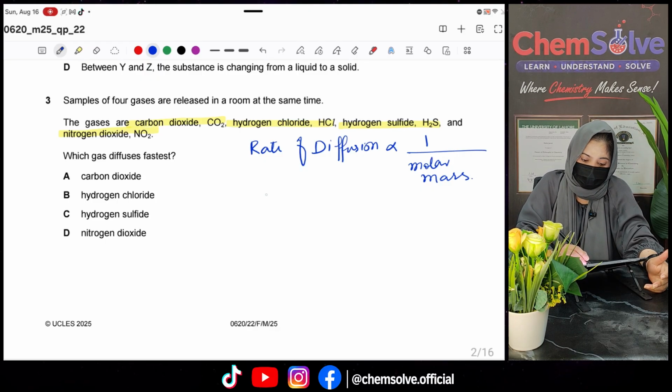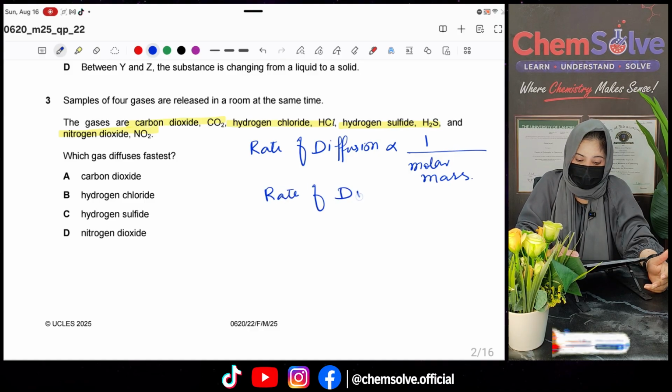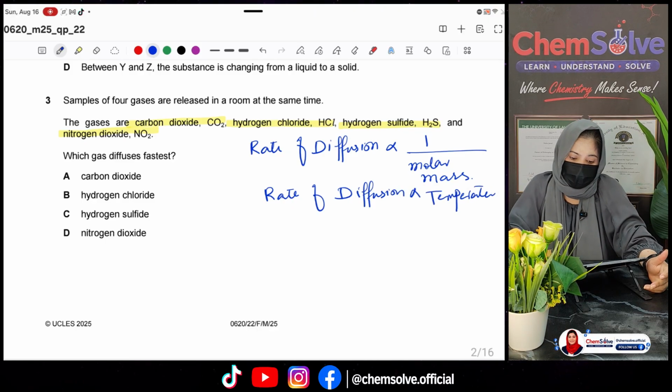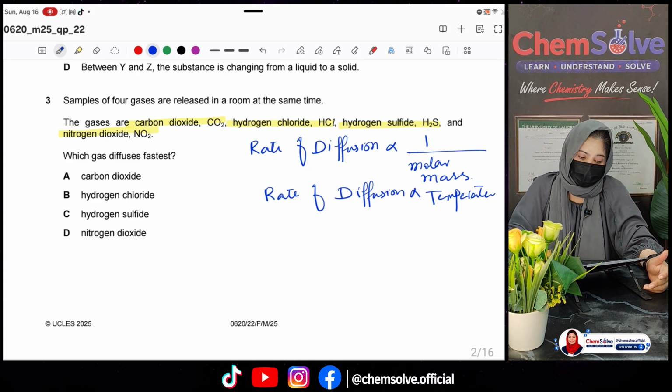And rate of diffusion is also directly proportional to temperature. But there is no discussion about temperature in this question. So we will consider only molar masses.